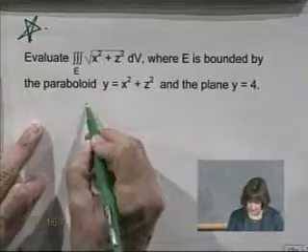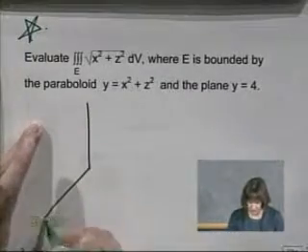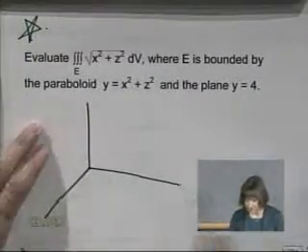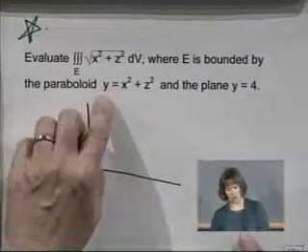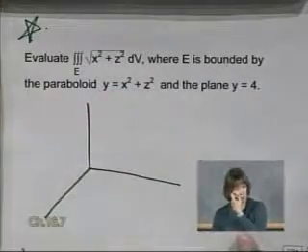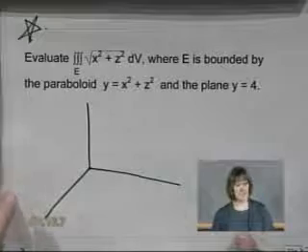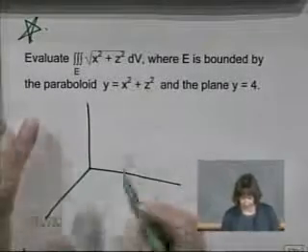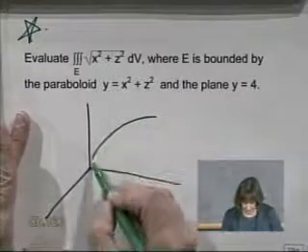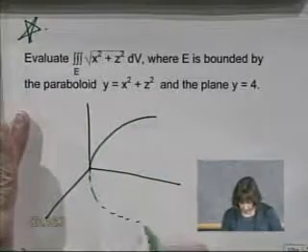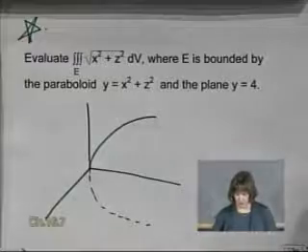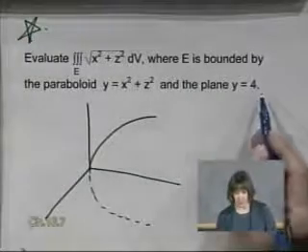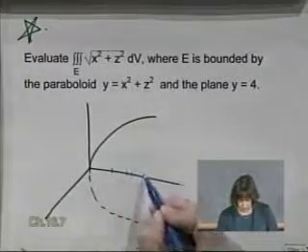Bringing this down, I want to draw what my solid looks like. First, I have to draw y equals x squared plus z squared. What axis is this paraboloid going to be hugging? The y-axis. Right? Now we're coming down and we're slicing it with the plane y equals 4. 1, 2, 3, 4.